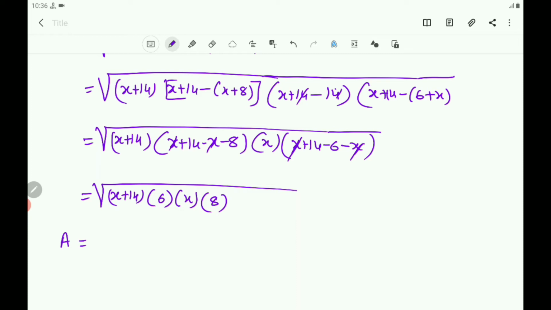So A equals, you can write X plus 14 into X into 6 into 8. Consider this is the first one.